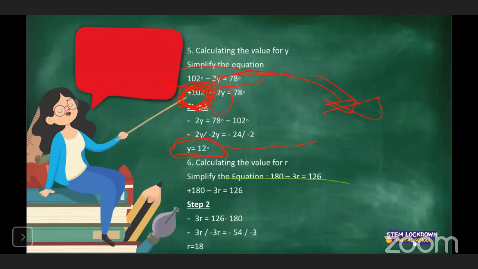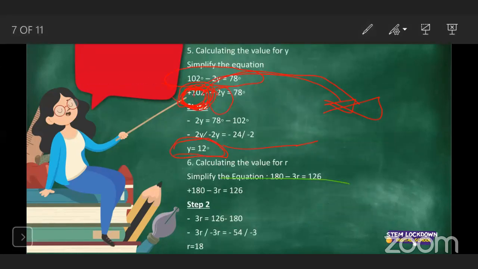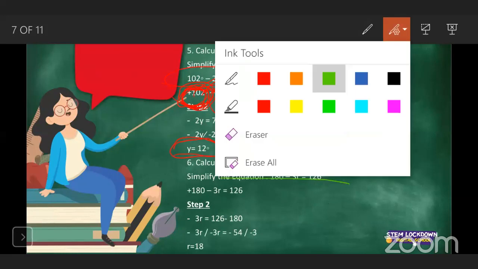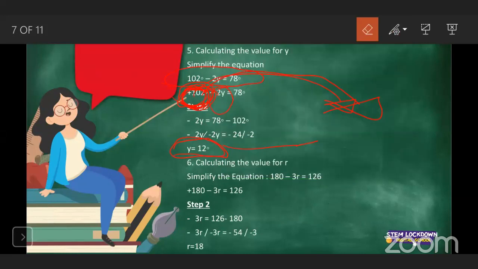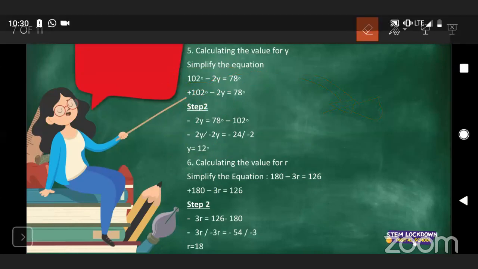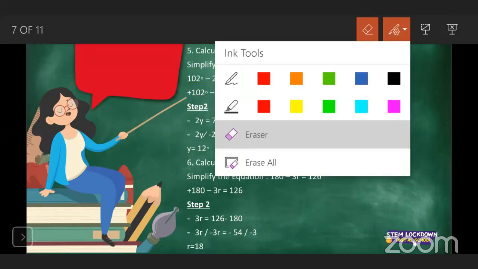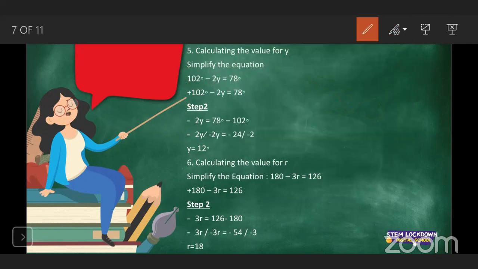Okay. So let's move to the second one. Let's erase this. Okay, so number 6. We want the value for r, but we must write our equation first.